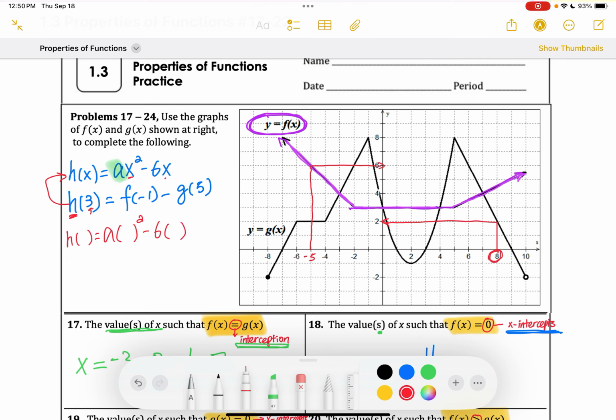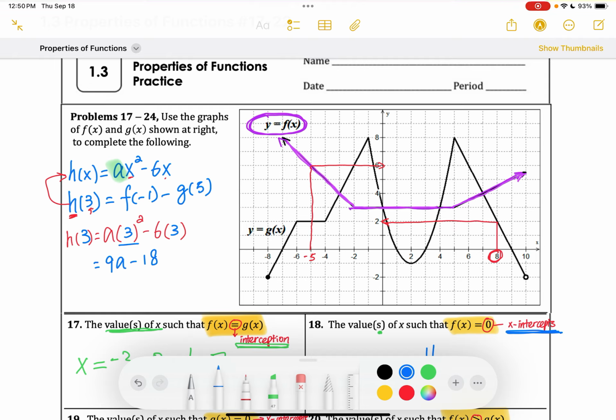What is inside the bucket this moment is 3. So I'm going to put in 3. So housekeeping, what do I got? 3 squared will be 9. So 9a minus 3 times 6 is 18. Can I do any simplify? No. So this is from the h function.